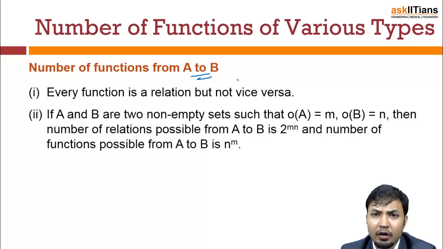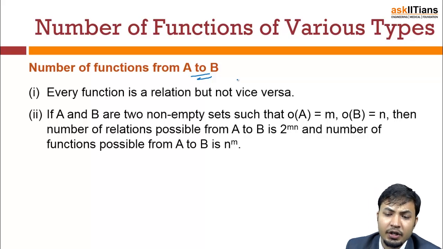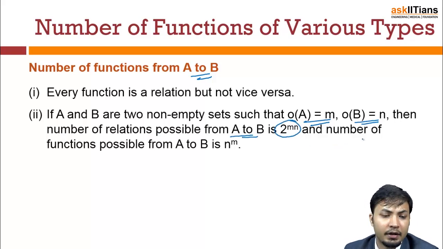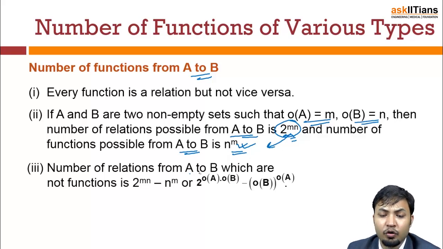If A and B are two non-empty sets such that n(A) equals m and n(B) equals n, then the number of relations possible from A to B is 2 to the power mn, and the number of functions possible from A to B is n to the power m. There is a huge difference between the two. The number of relations from A to B which are not functions is the difference of these two, or I can also write it like this.